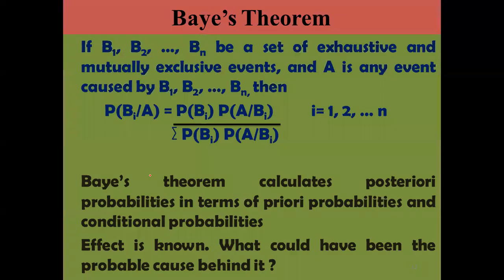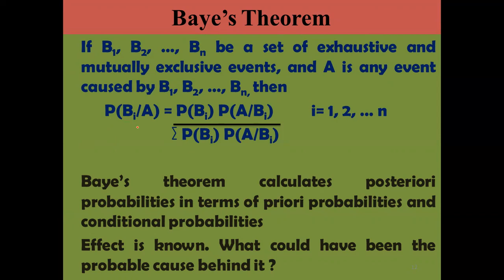Now let us see what the Bayes' theorem concept is. If B1, B2, etc., Bn be a set of exhaustive and mutually exclusive events, and if A is any event caused by B1, B2, Bn, then P of Bi given A is equal to P of Bi into P of A given Bi divided by the total probability.